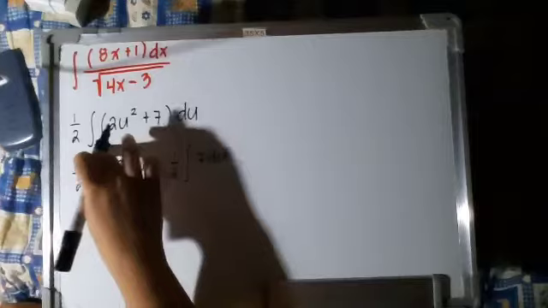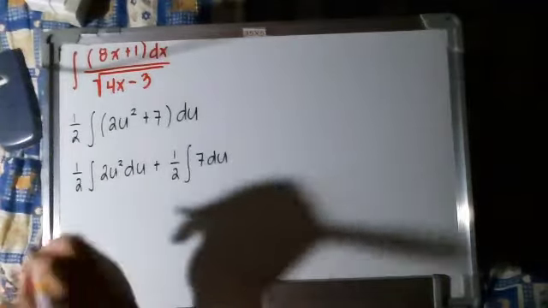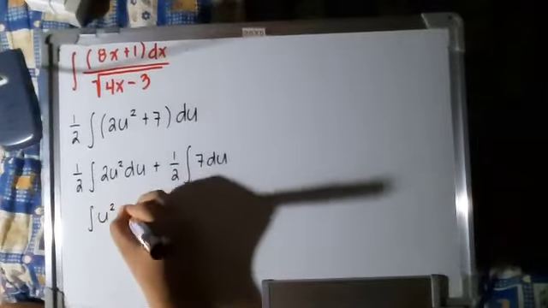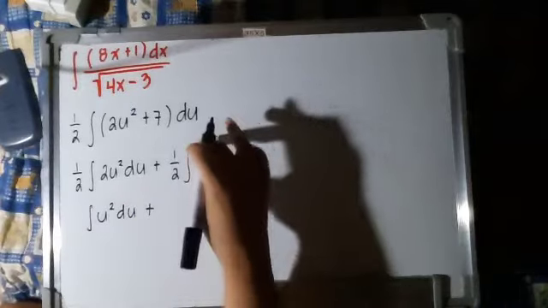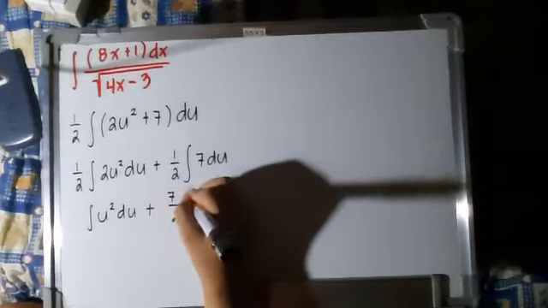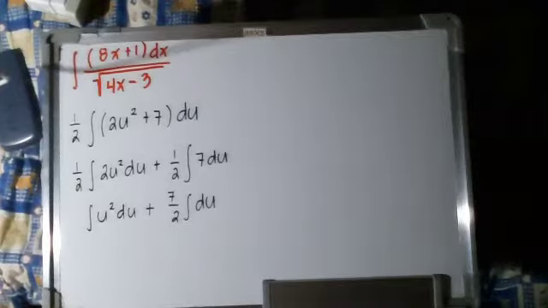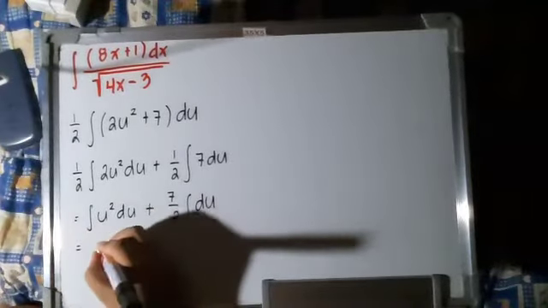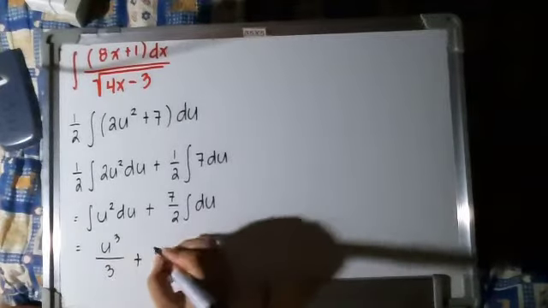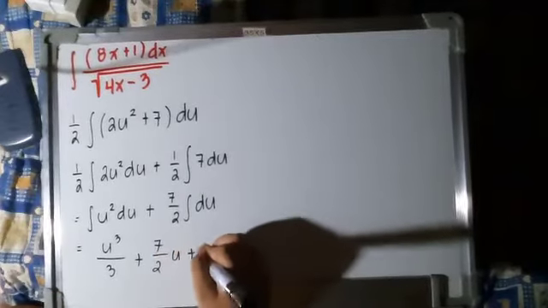Ito, pwede natin siyang ilabas doon. So, 2 multiplied by 1/2, magiging 1 na lang. So, pwede na lang siya na integral of u squared du plus si 7, multiply natin doon, 7/2 integral of du. Then, i-integrate na natin. So, this will be equal to u cubed over 3 plus 7 over 2 u, then don't forget plus c.